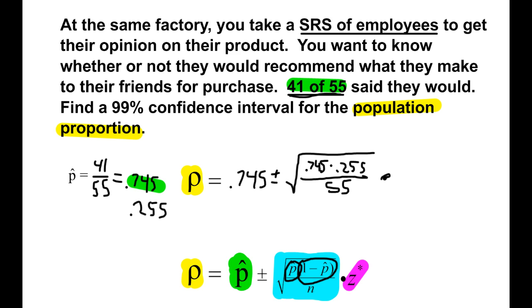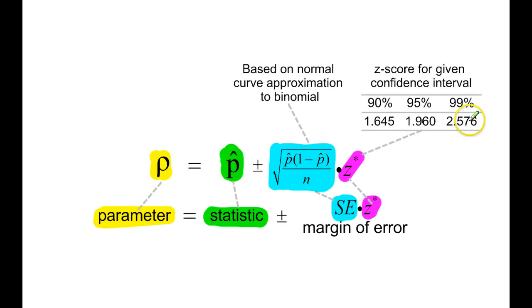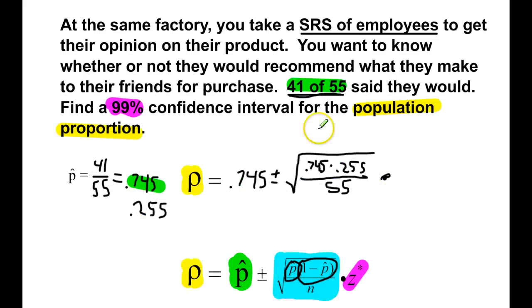So in this case, our confidence is 99%, so we need to go back to our table, and 99% confident, in this case, is 2.576. So we multiply the whole thing by 2.576.